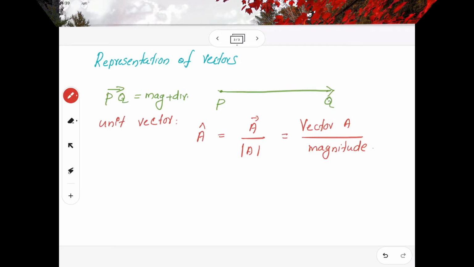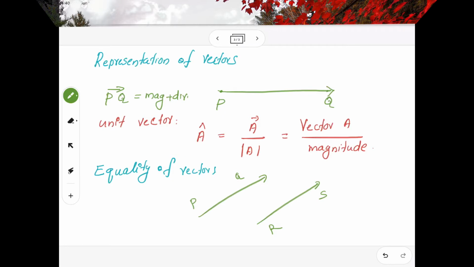Now, equality of vectors. Consider two vectors, this is vector PQ and another vector RS. If vector PQ is equal to RS, then they must have both the same direction and the same magnitude.